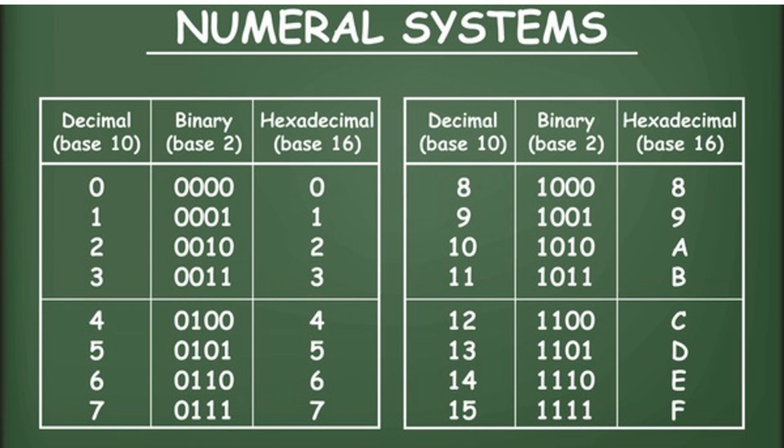Digits 0 to 9 represent the values 0 to 9, and A through F represent values 10 through 15. So for instance, in hexadecimal, the number 1A3 is computed as 1 times 16 to the second power plus 10 times 16 to the first power plus 3 times 16 to the 0th power, which equals 419 in decimal notation.